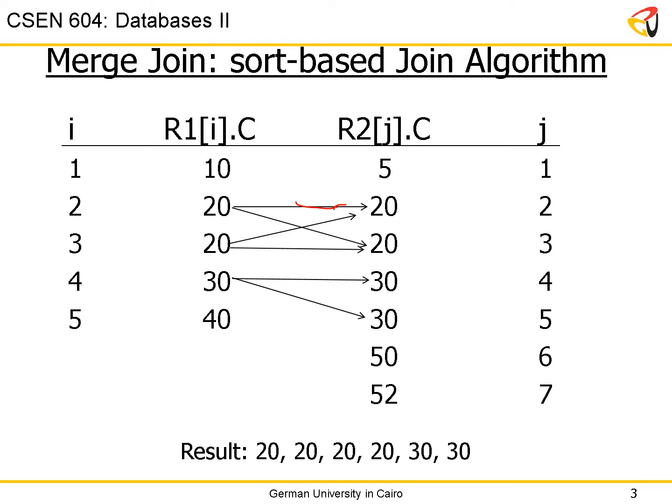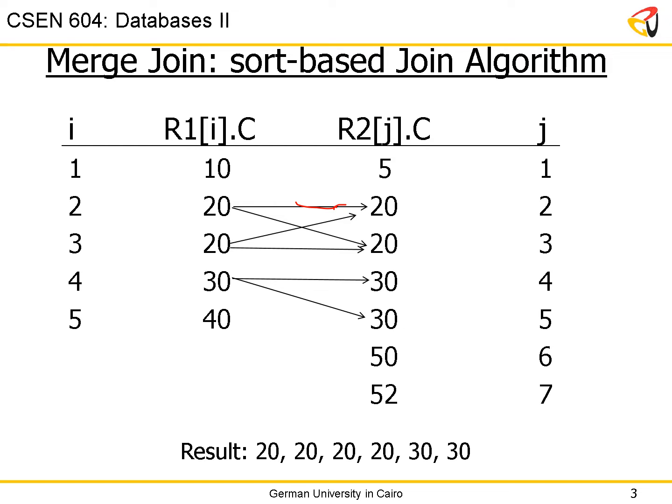Specifically, if you look at R1.c, I would be pairing the first 20 in R1.c, which is at row number 2, with the first 20 in R2.c, and I need to pair it with the second 20 in R2.c, and I think the arrows show that clearly.